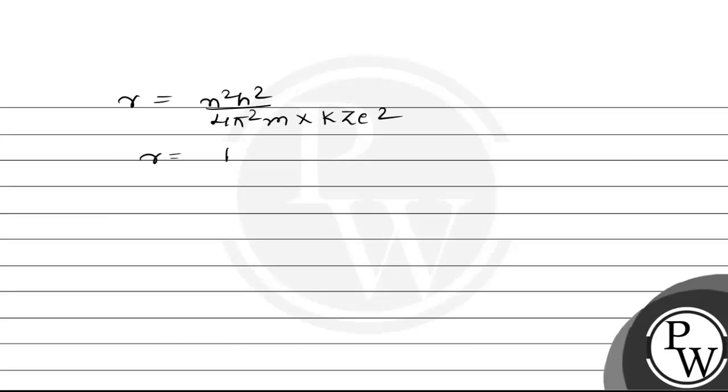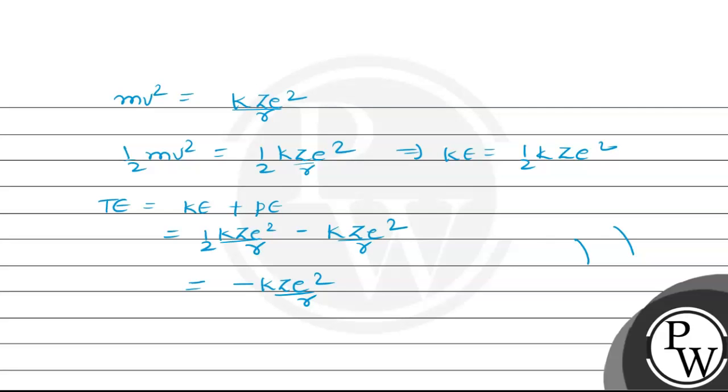That is r equals to h square upon 4 pi square m into k z e square into n square. अब इसकी वैल्यू substitute कर सकते हैं total energy के place पे.